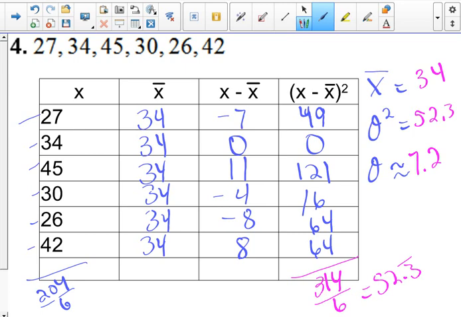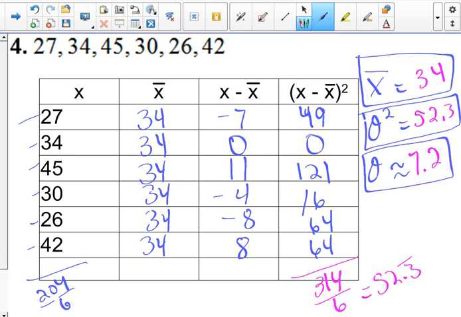And then for number 4, you have a mean of 34. That was correct. Variance was 52.3. Yes. And standard deviation was approximately equal to 7.2. Okay? Any questions over those?